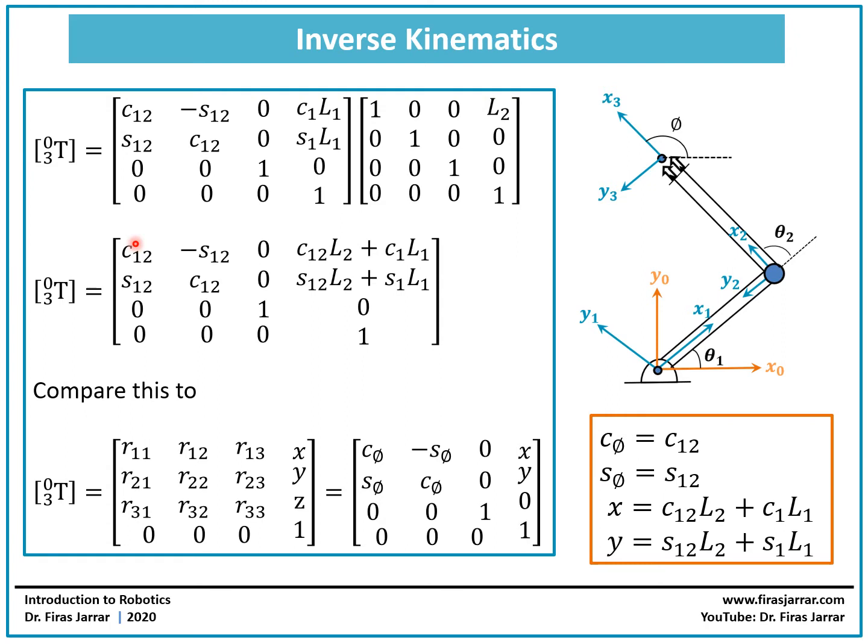So if we know the values of theta 1 and theta 2, we can find out the orientation of frame 3 with respect to the base frame, and we can also decide on the position of its origin with respect to the base frame.